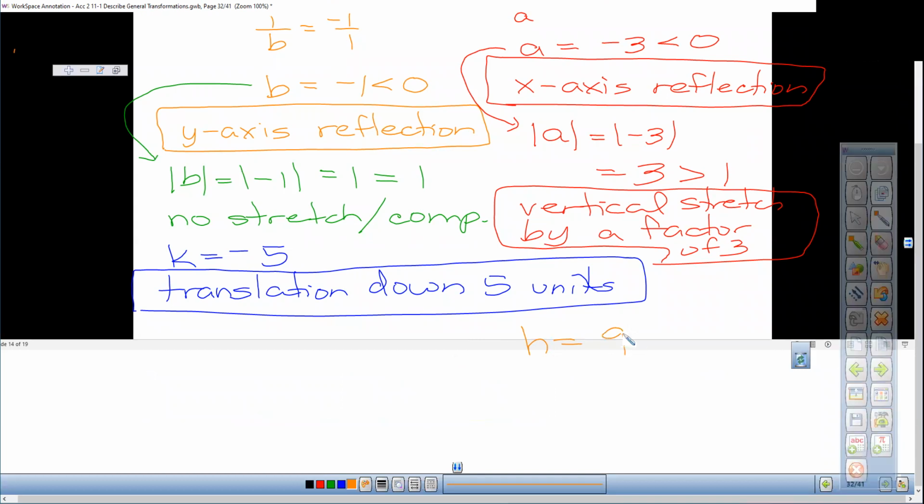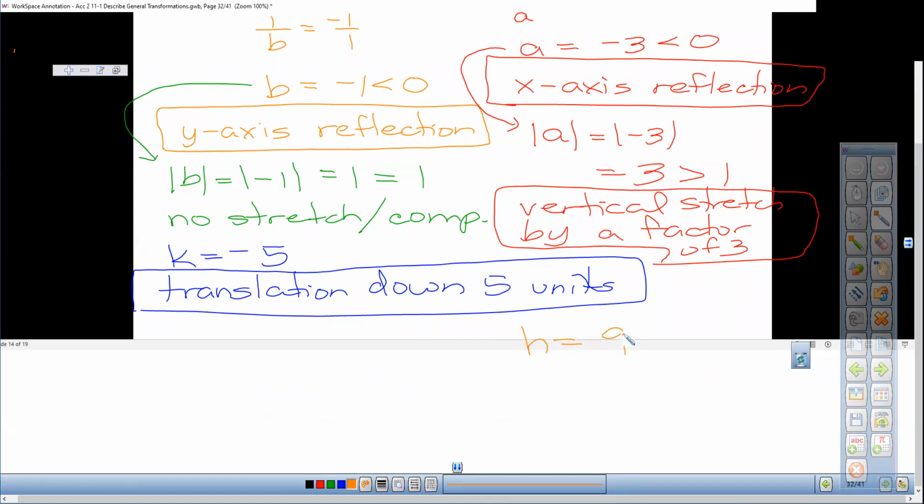H is about horizontal translations. And think the word horizontal starts with H. So that goes with, and that's just for translations. But H is for horizontal translations, left or right. And so if H is positive, we move to the right because that's the positive direction from the origin.